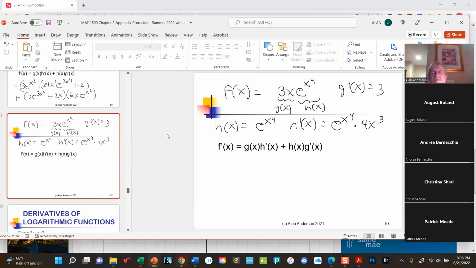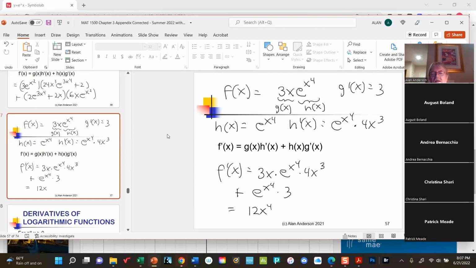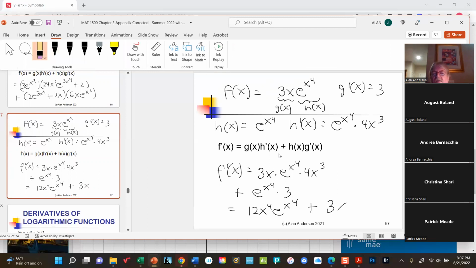And when you plug them all in, simplify just a little bit: 12x to the fourth e to the x to the fourth plus 3e to the x to the fourth.